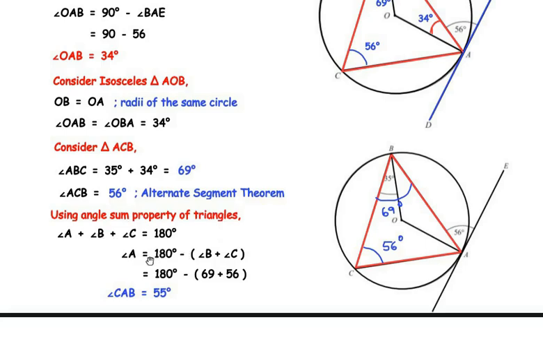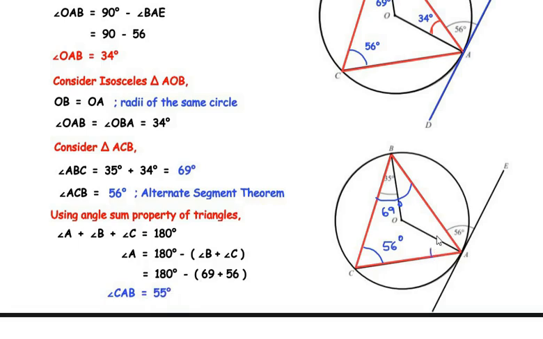So angle A will be equal to 180 minus (angle B plus angle C). Now here we have written the values of angle B and C. So 180 minus, angle B is 69 and angle C is 56. So 69 plus 56 is going to give us 125. So 180 minus 125 is going to give us the value of angle CAB as 55 degrees.